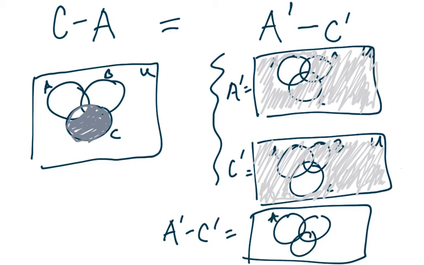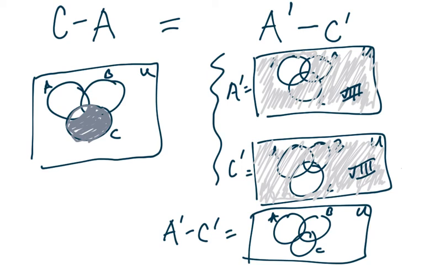okay, A, B, C, and this is the universal set. In A complement, I have the universal set shaded, and I'm supposed to take away what's shaded in C complement, which is also the universal set, so I don't shade the outside in the rectangle.